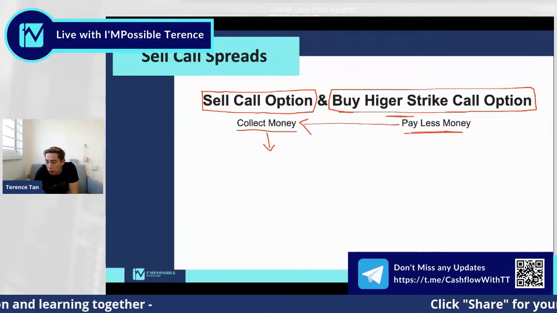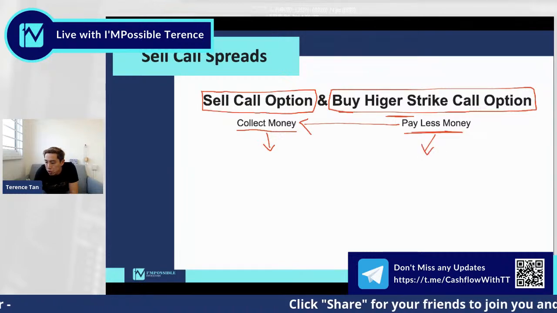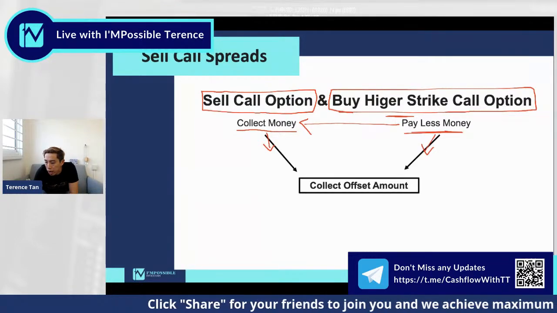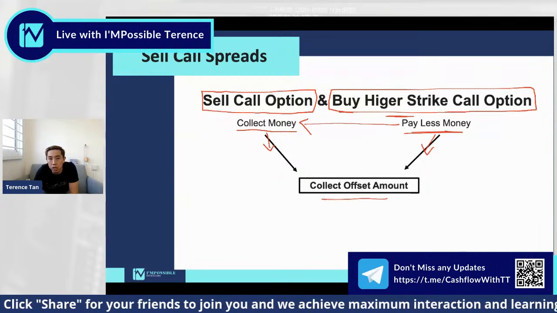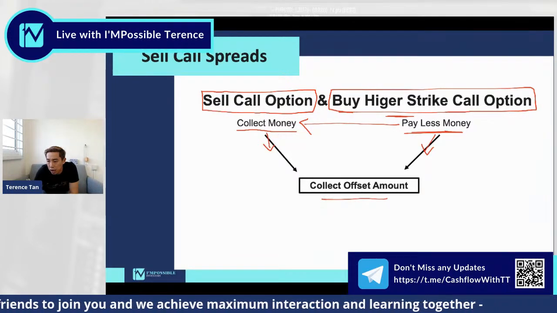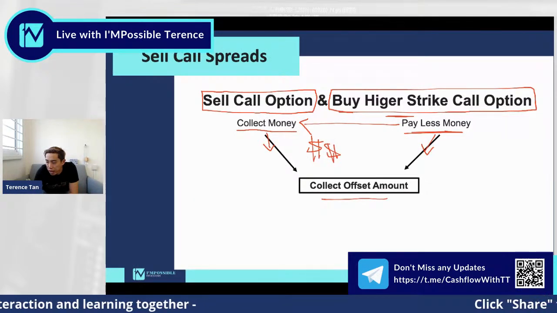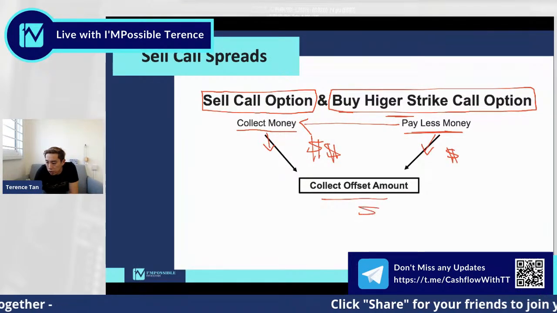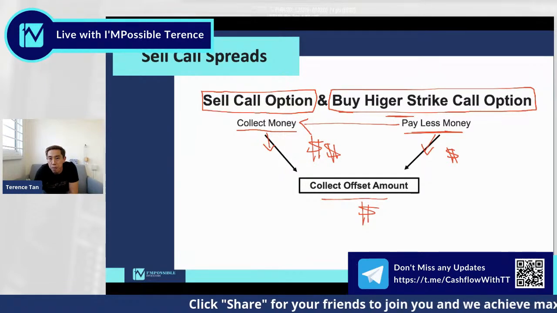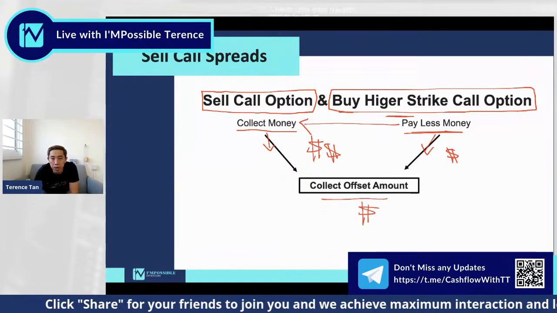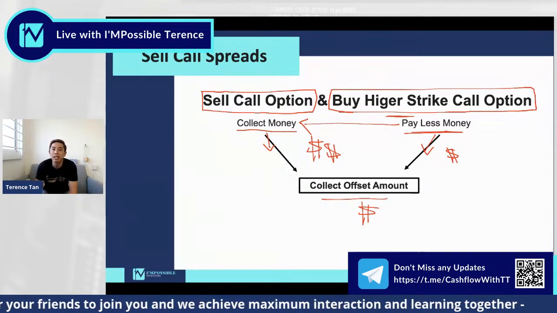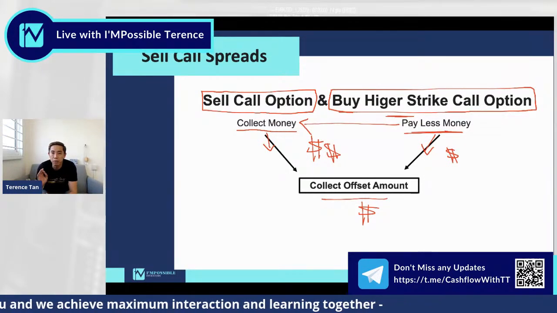Which then means, after doing both sides, you still get to collect the offset amount, because one side is more expensive and you are paying for something that costs less. So there's an offset remainder of the premiums that you'll be able to keep in your pockets. I hope that's clear.